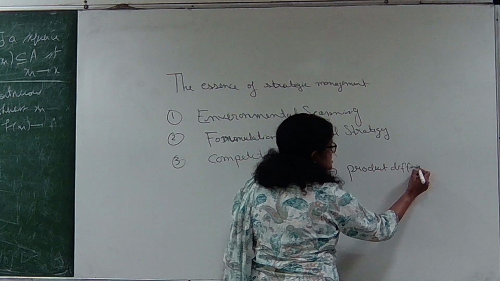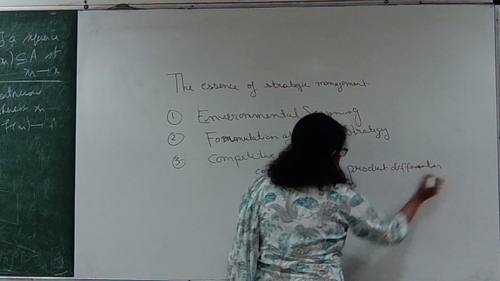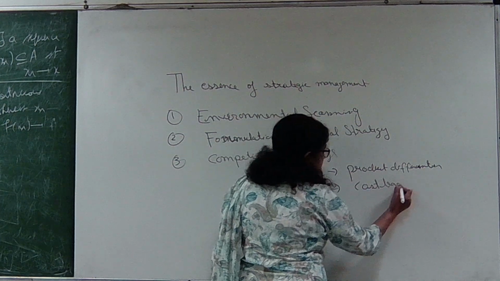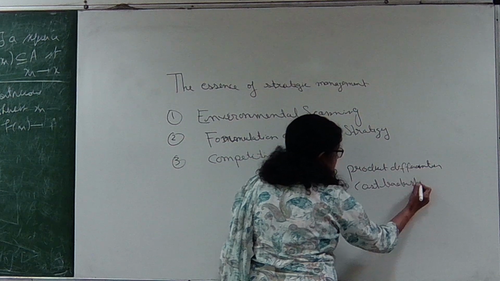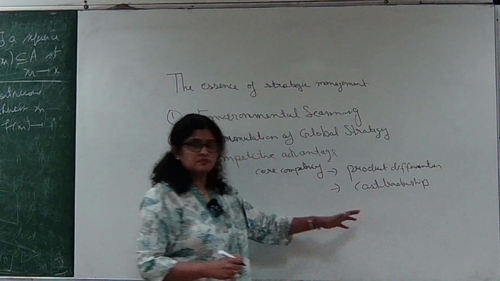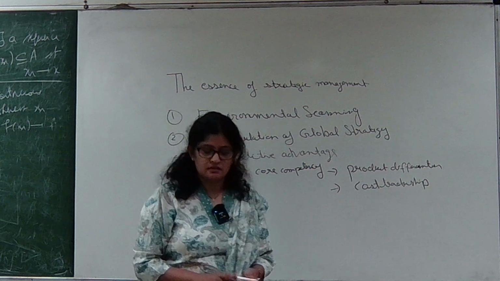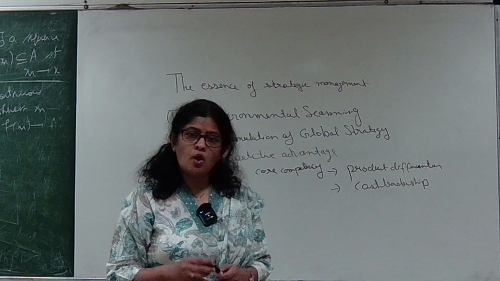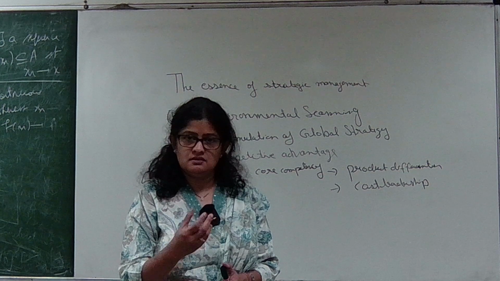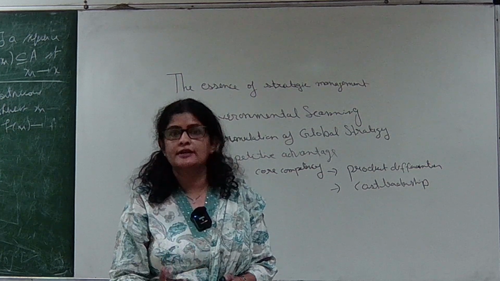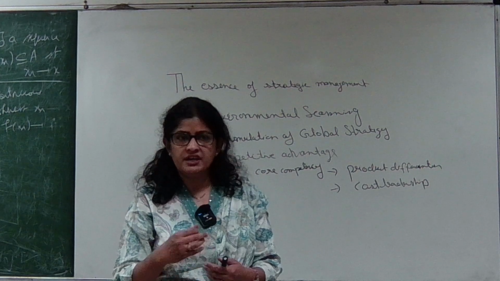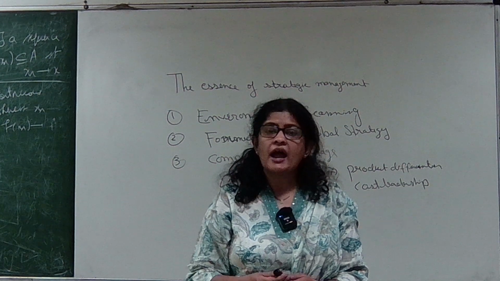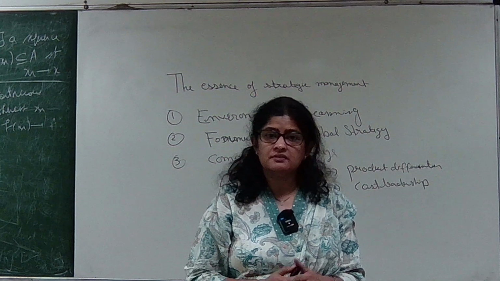Product differentiation, your cost leadership. For example, we can take Apple's products. The core competency of Apple lies in its technology. Every time it launches a product with a very different and new technology, and the demand for that product is throughout the world.